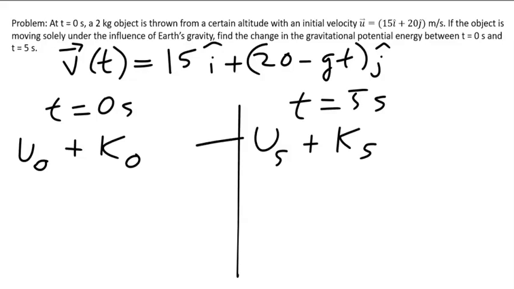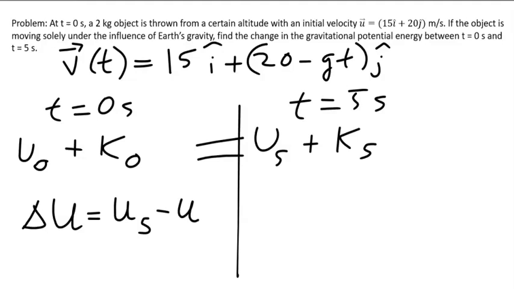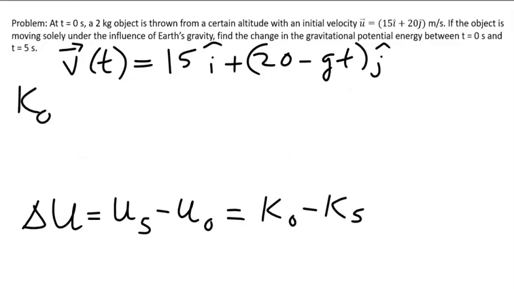Conservation of energy says the total must be the same. So the change in gravitational potential energy is the gravitational potential energy at t equals 5 minus the gravitational potential energy at t equals 0. And that is quite simply the kinetic energy at t equals 0 minus the kinetic energy at t equals 5. So what is kinetic energy at t equals 0?